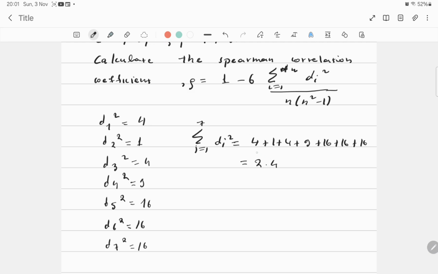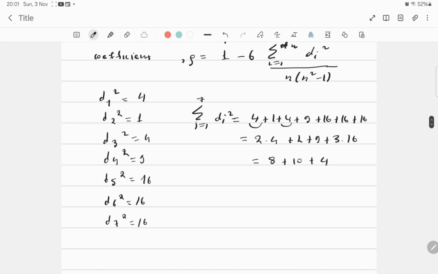It's 2 times 4 plus 1 plus 9 plus 3 times 16. That's 8 plus 10 plus 48. 18 plus 48. That's 66.